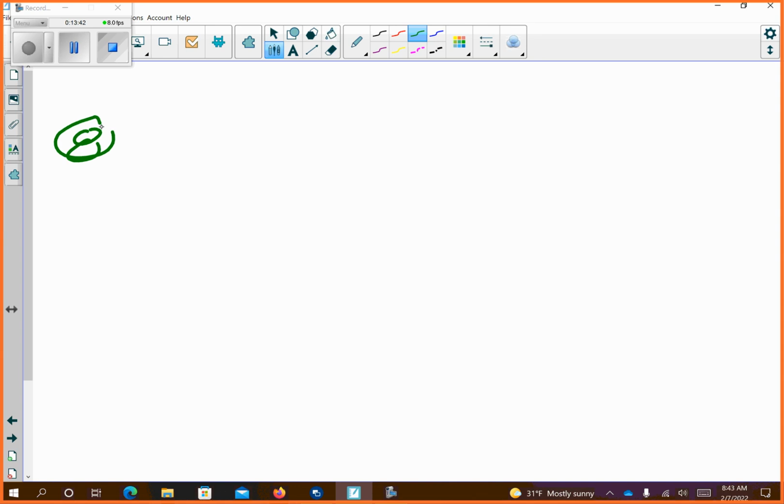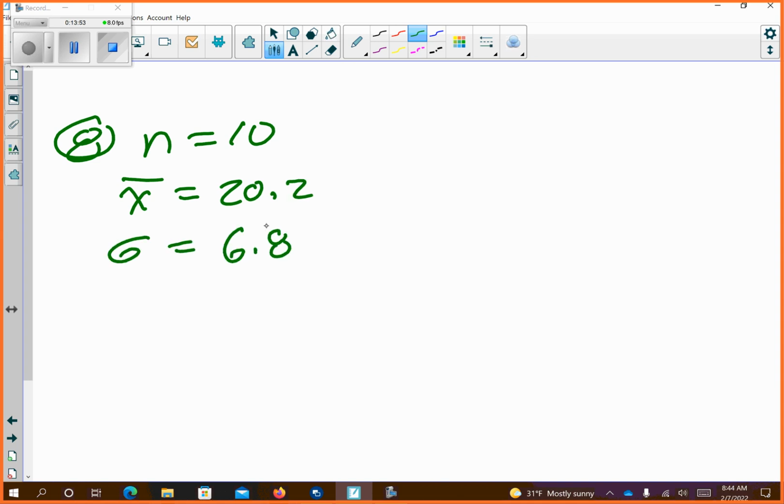So our sample is 10 kids. We have an average of 20.2 and a standard deviation of 6.8. Explain briefly why a T interval is used and not a Z interval. This is key. Why is a T being used and not a Z?